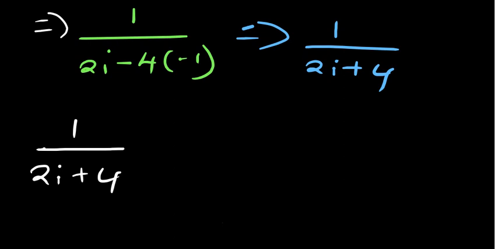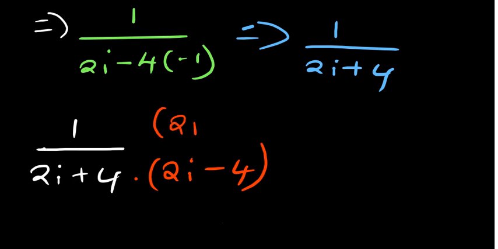Because we have two things there, the numerator and the denominator. So what's the conjugate? 2i minus 4. Okay. So we just multiply it with the denominator, and even on the numerator.